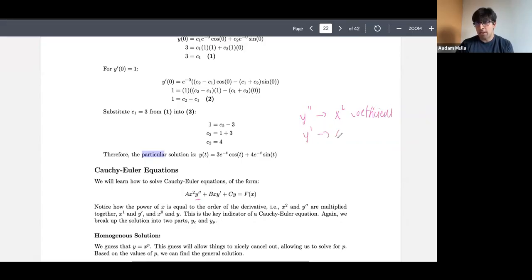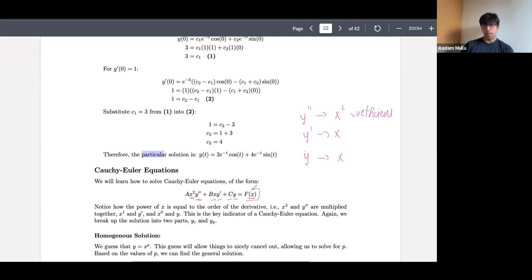Y prime should have x. And y by itself should have a constant, so x to the 0. So you have x squared, x to the first, and x to the 0. Basically, that's how you recognize whether it's a Cauchy-Euler equation or not. So this is a Cauchy-Euler. Why? Because we ask, what's the x term in front of y double prime? X squared. Y prime, x, and y is just a constant.